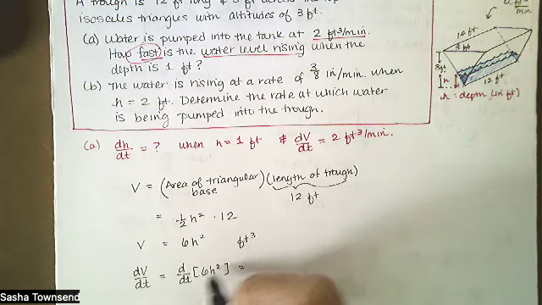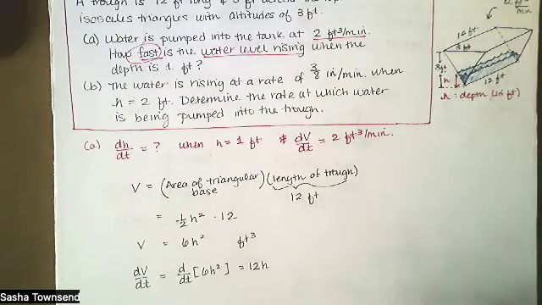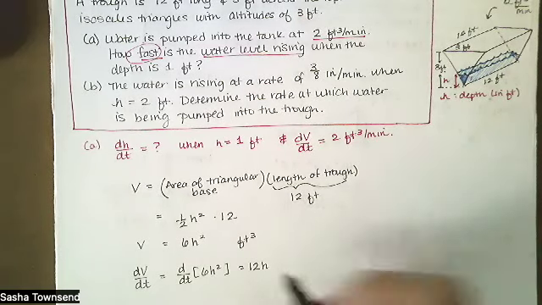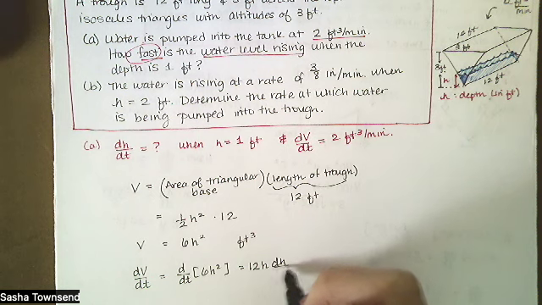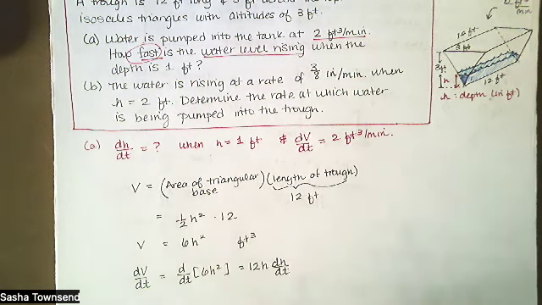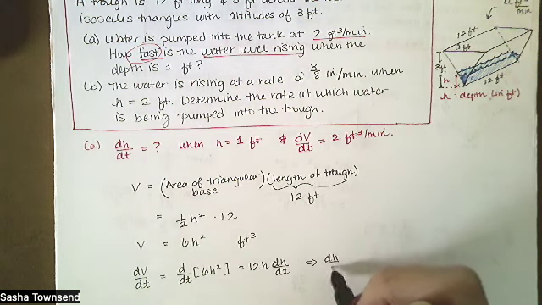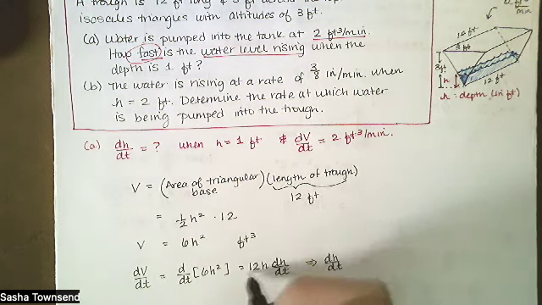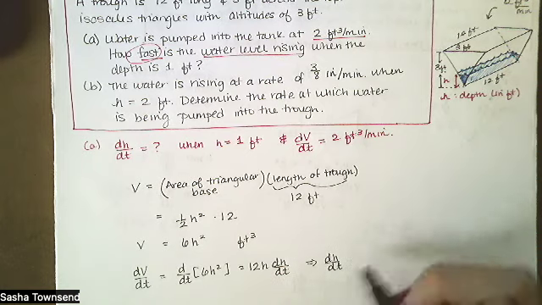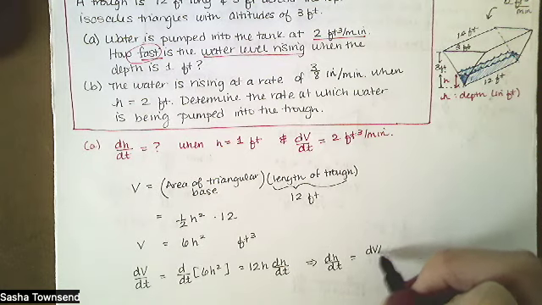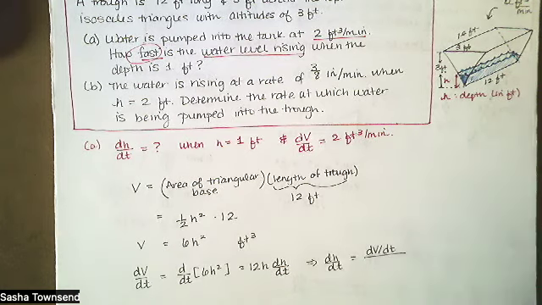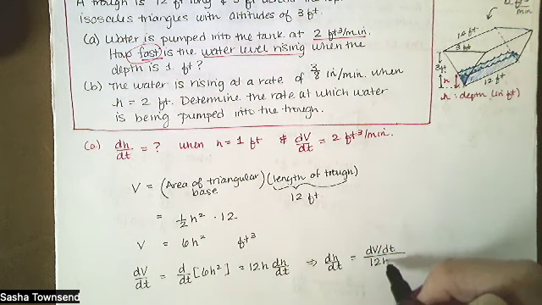So that'll be 6 times 2 is 12 times h to the 1 less power, which is 1, times the derivative of h with respect to time, dh/dt. And we get dh/dt by itself by dividing both sides by 12h. So dh/dt is dV/dt divided by 12h.